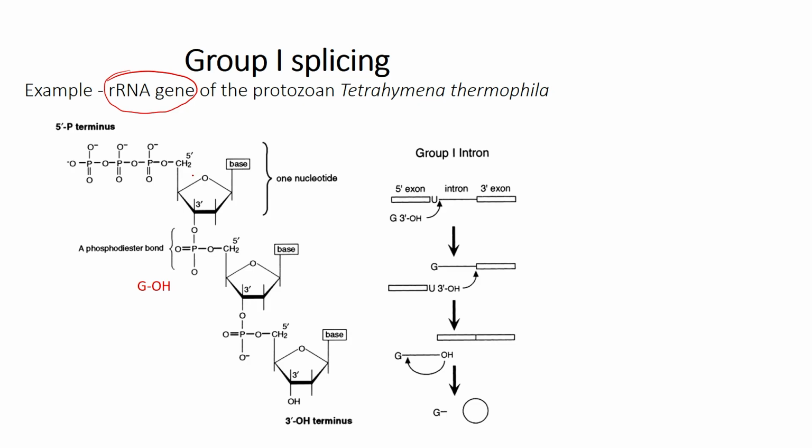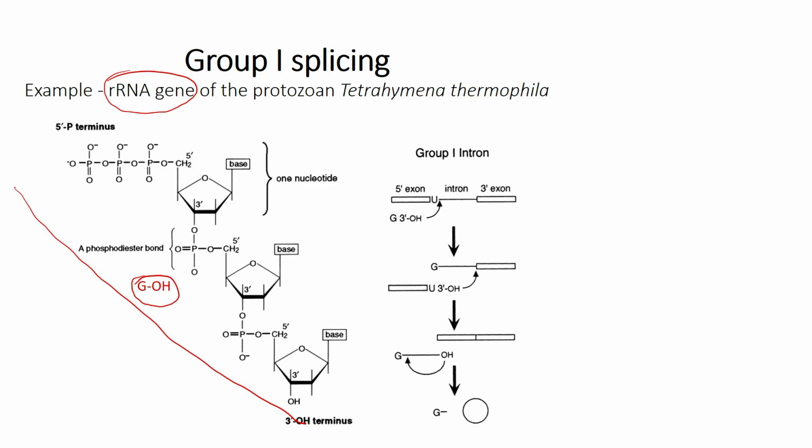You can see this is the nucleotide, that means this is the RNA that is formed. Now, at the point where splicing has to occur, a G, a guanine nucleotide, comes. It can be a guanine nucleoside, it can be a guanine nucleotide.